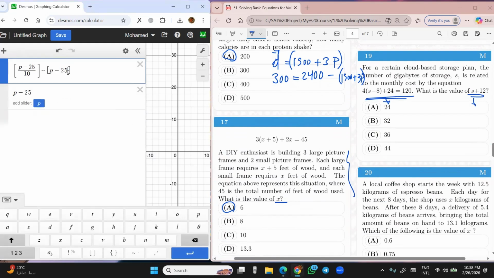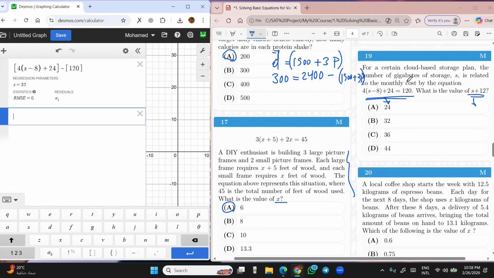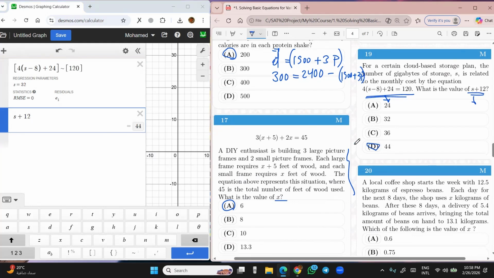So we can remove everything here and here also, and write everything given. 4 into (S minus 8), after the pair of parentheses write plus 24, and on the right we need to write 120. After that, we need to get S plus 12. S plus 12 equals what? 44, so we can choose 44.